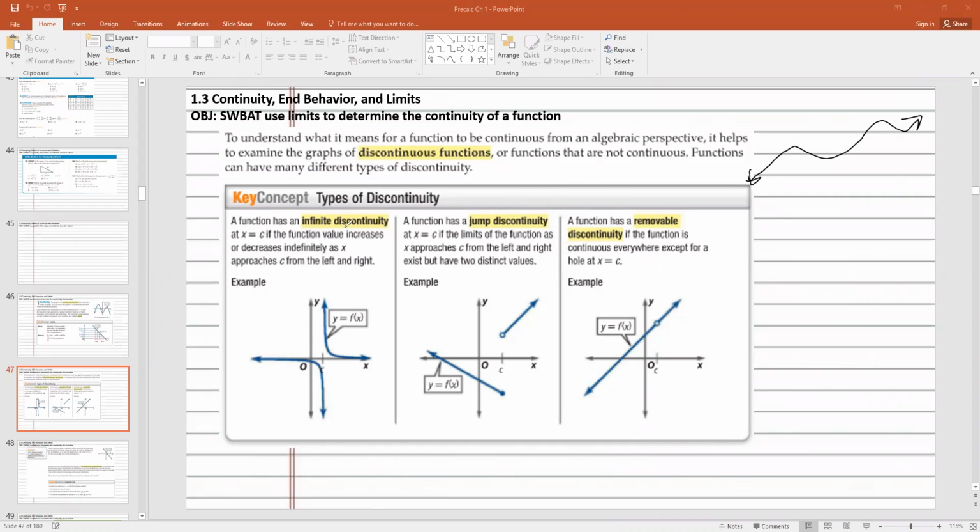So you have an infinite discontinuity. Infinite discontinuity is where, as you approach it from the left side and as you approach it from the right side, it either decreases indefinitely or increases indefinitely.